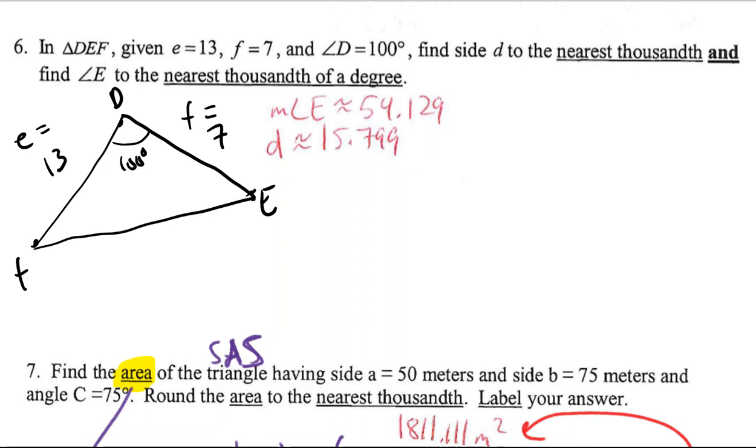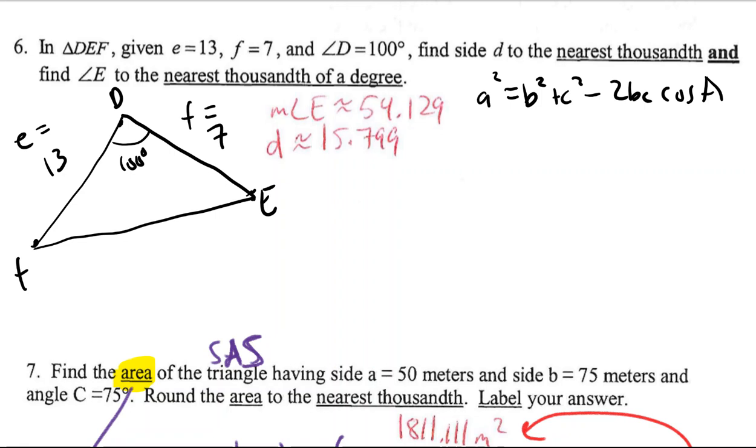Certainly makes it easier for me to realize I have side, angle, side, which would be a law of cosines strategy. Now, one thing about this is you go to your formulas and they may look like a squared is b squared plus c squared minus 2bc cosine of angle A. This is talking about A's, B's, and C's, and this is talking about D's, E's, and F's.